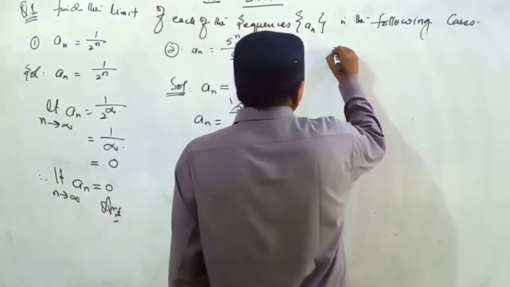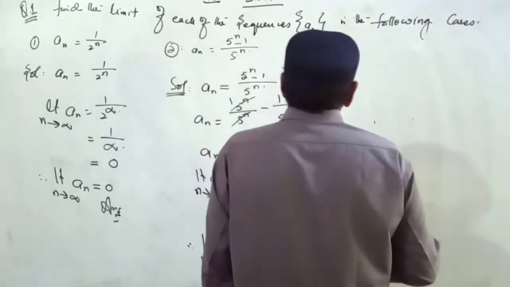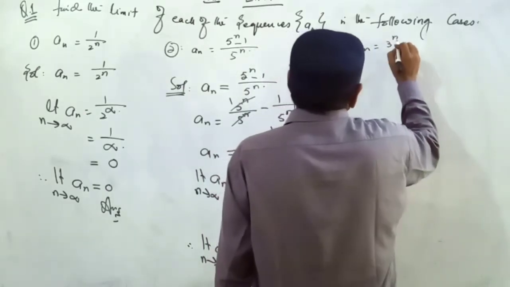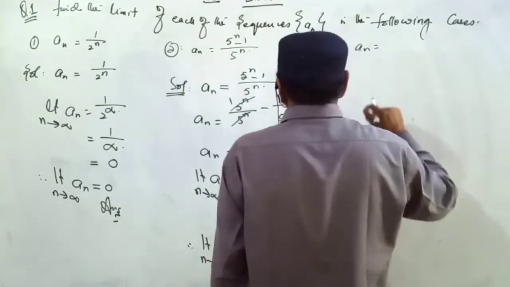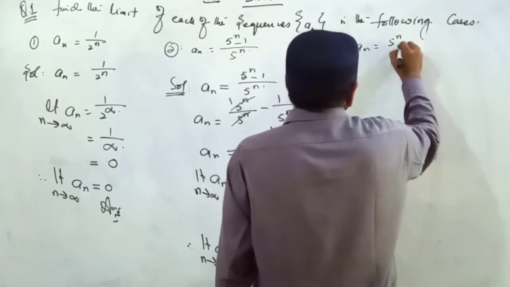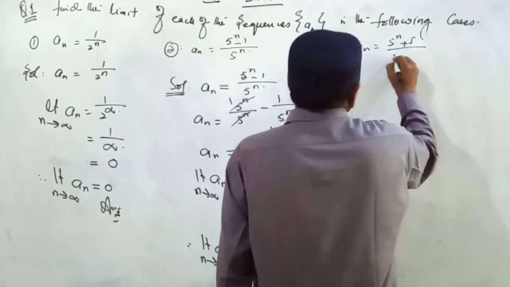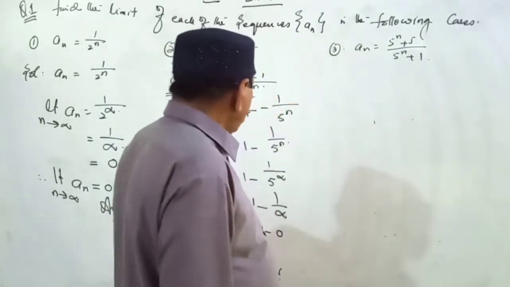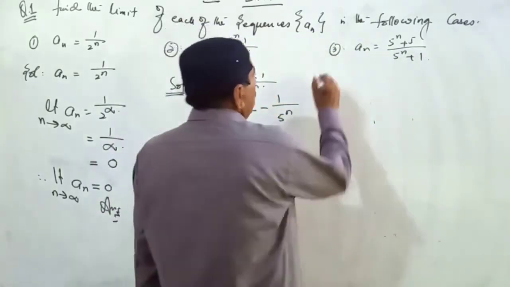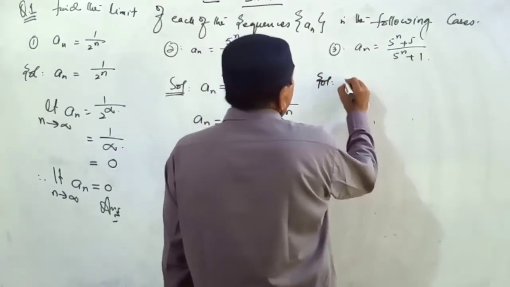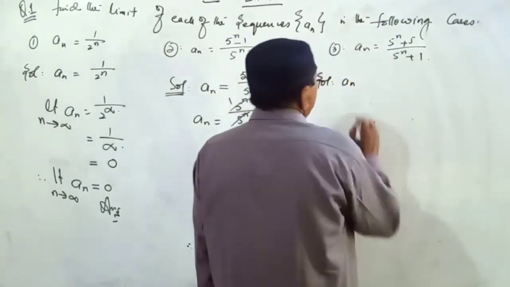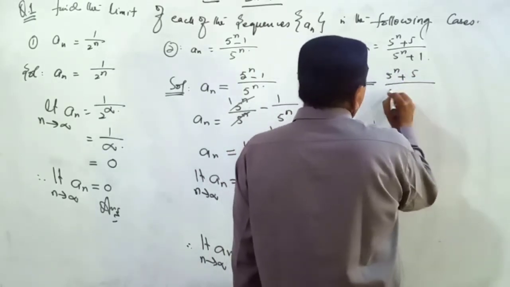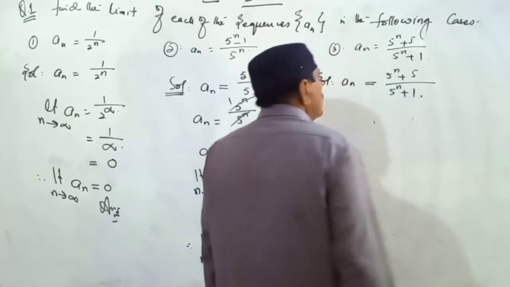Number 3 is a n is equal to 5 power n plus 5 upon 5 power n plus 1. Solution: a n is equal to 5 power n plus 5 upon 5 power n plus 1.